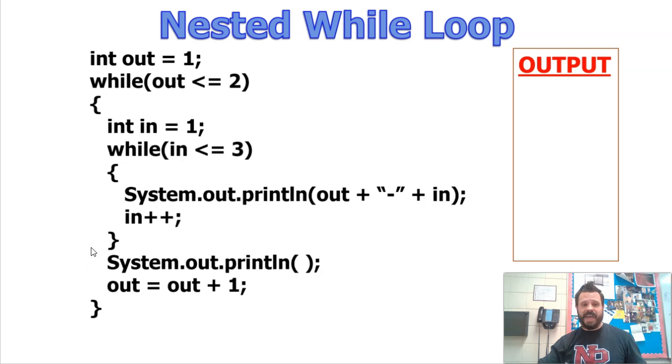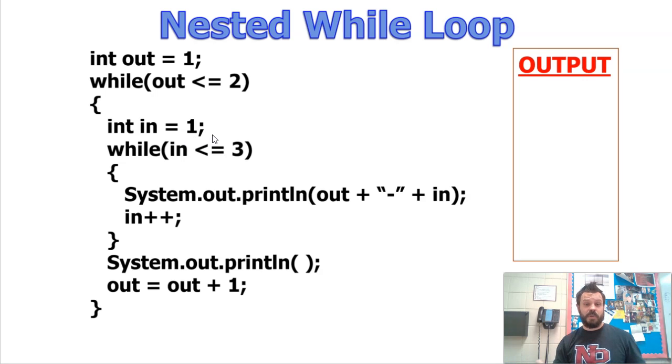So I know right off the bat, unless there's some other funny stuff happening in here, the whole outer loop is going to run twice: once for out equals 1 and once for out equals 2. When I get into my inner loop, we have a different counter variable for the inner loop: int in gets 1.